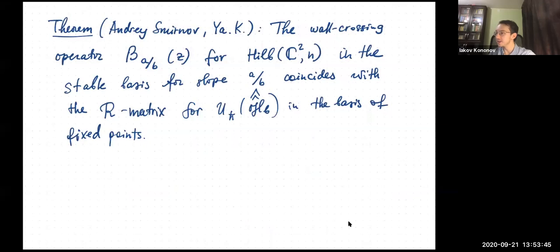For example, if we consider the wall-crossing operator for the Hilbert scheme of points on C^2, then if we write it in the stable basis for the slope A over B, this operator coincides with the R-matrix for the variety corresponding to the cyclic quiver. So it's the R-matrix for the quantum toroidal algebra U_q of gl_B double hat in the basis of fixed points.